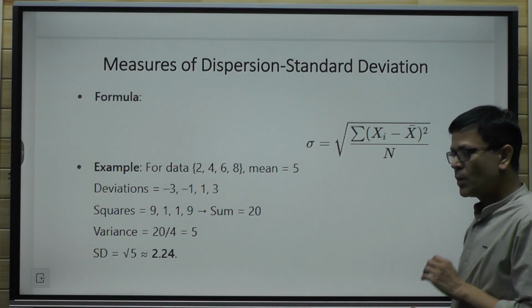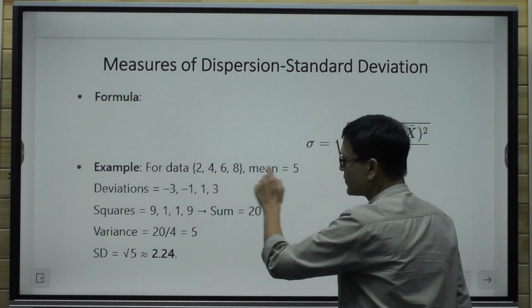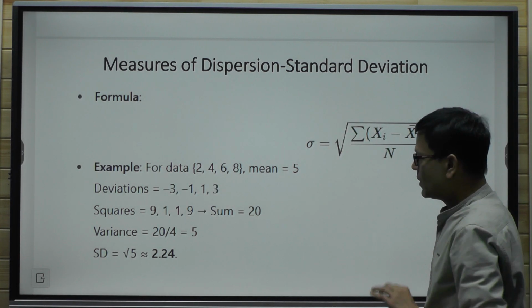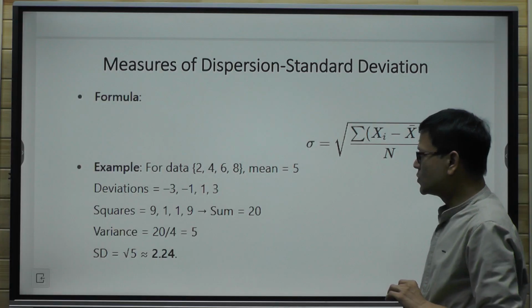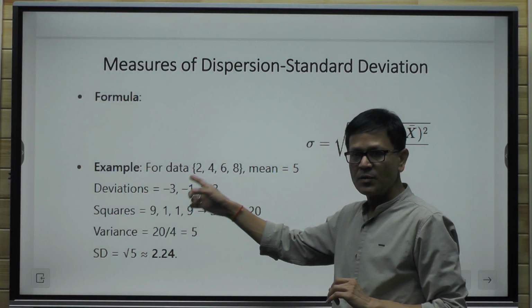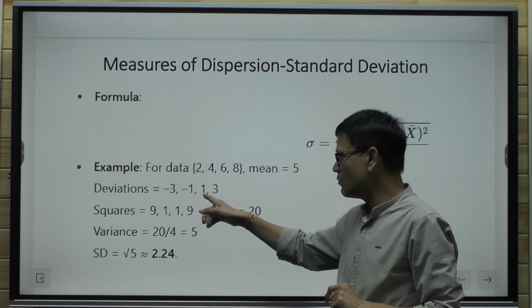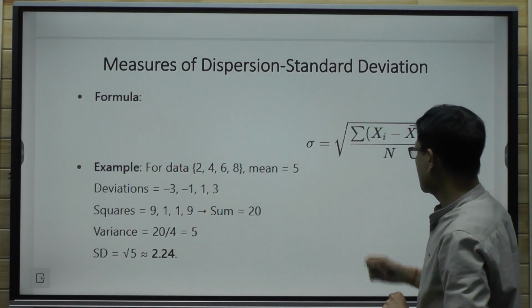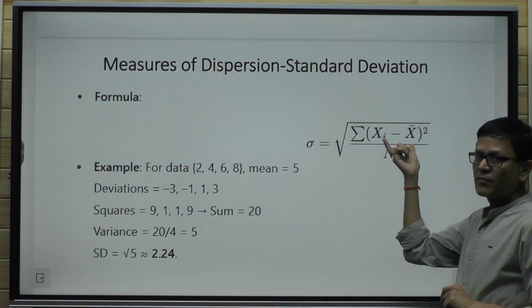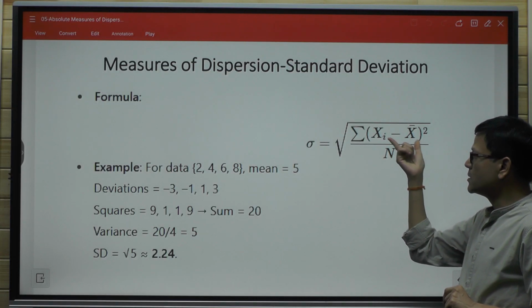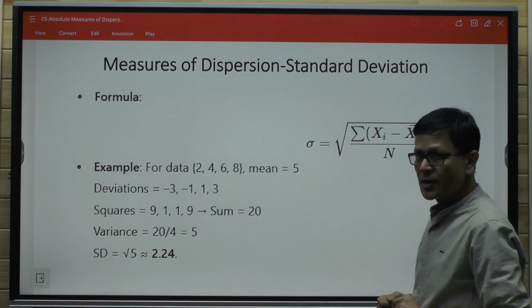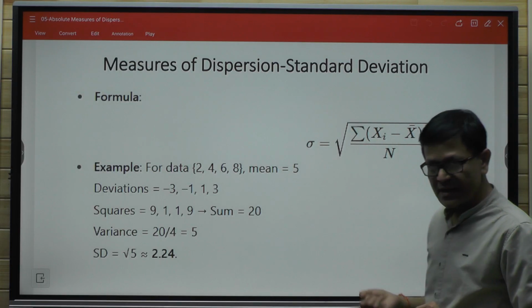So what it means is that you have a data set, first calculate the mean. Once the mean is calculated, you subtract the mean from the data and you get -3, -1, 1 and 3. So we have calculated the inside of this bracket. Then we have to square the difference.